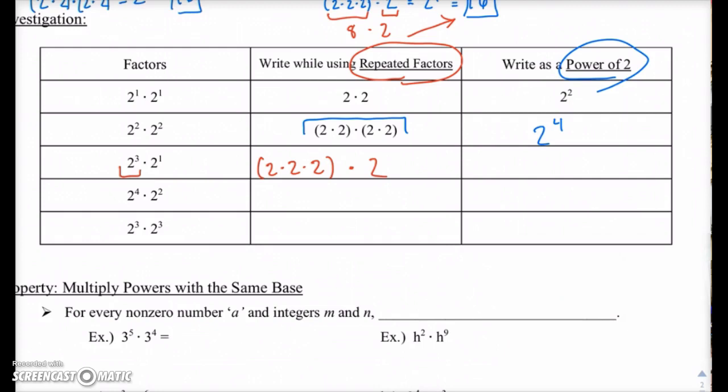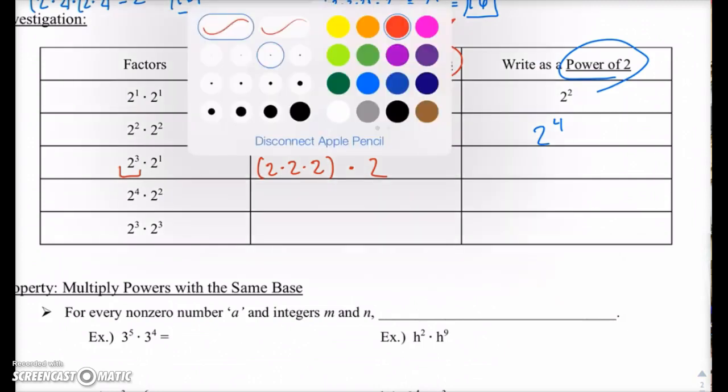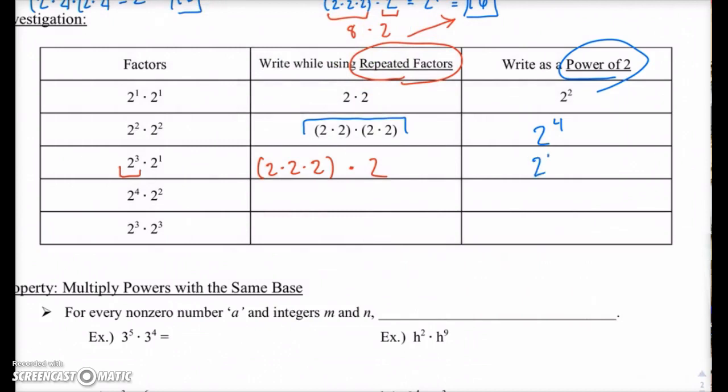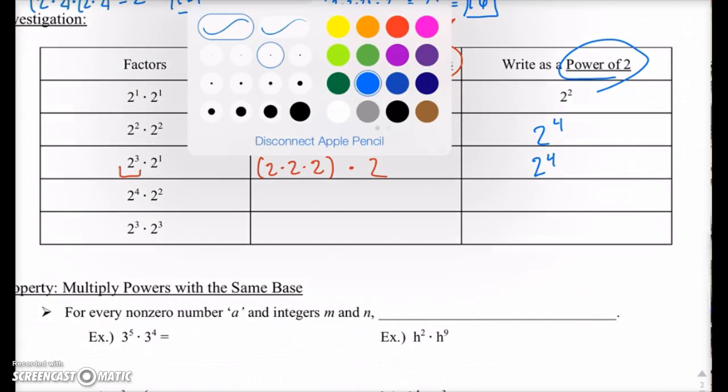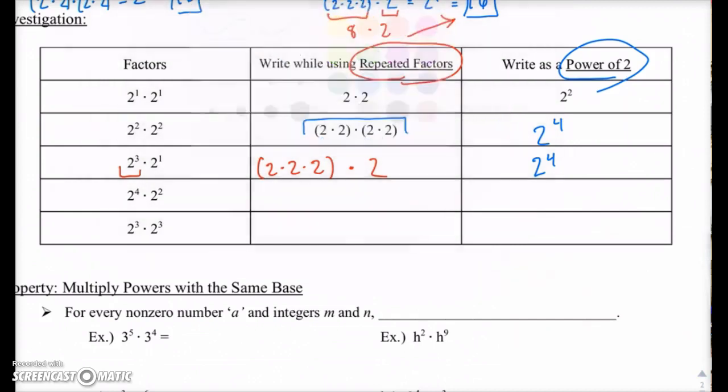Of course, the total number of 2's is still 2 to the power of 4. Right now, the video will pause, so finish the rest of the table.